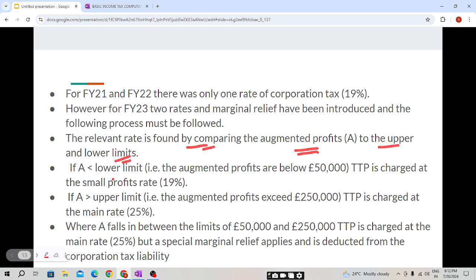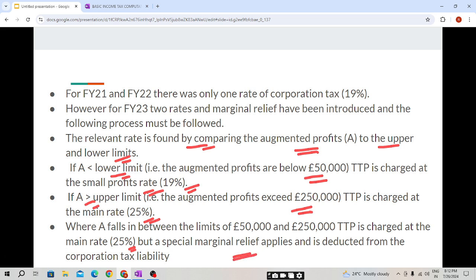If the augmented profits are below 50,000, TTP is charged at the small profits rate, that is 19%. If augmented profit exceeds 250,000, then it will be charged at 25%. And where the augmented profit falls between the limits of 50,000 and 250,000, then TTP is charged at the main rate of 25% less marginal relief.